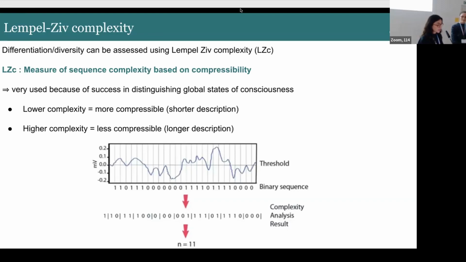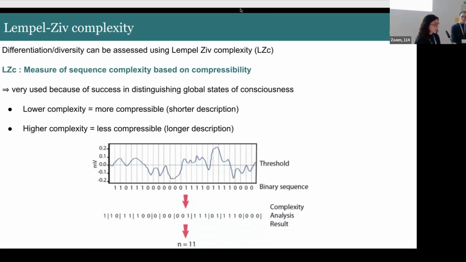And so Lempel-Ziv has remarkable success in distinguishing global states of consciousness, as I just said. This measure can be interpreted as a differentiation component that captures signal diversity. So what is Lempel-Ziv actually measuring? I'm pretty sure most of you know the zip file. The algorithm of the zip file is actually based on Lempel-Ziv.